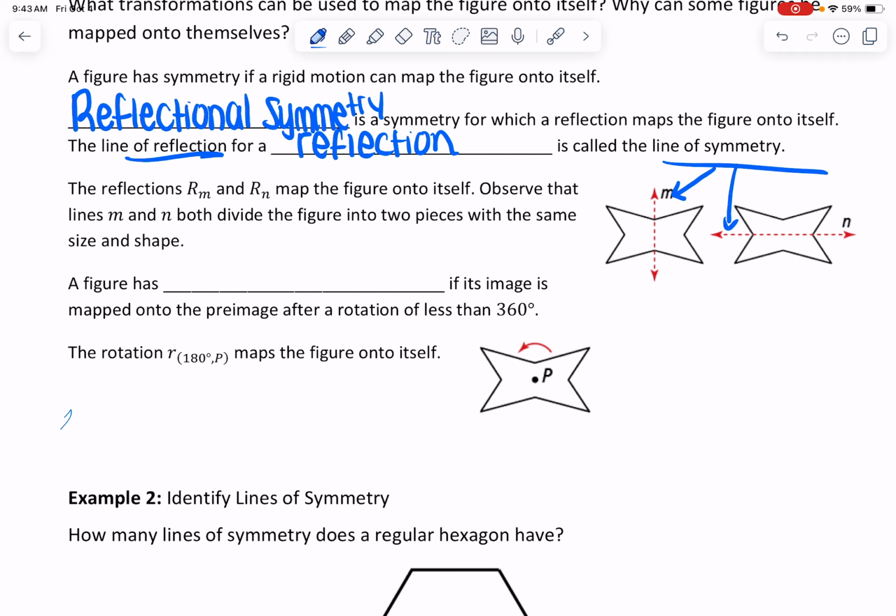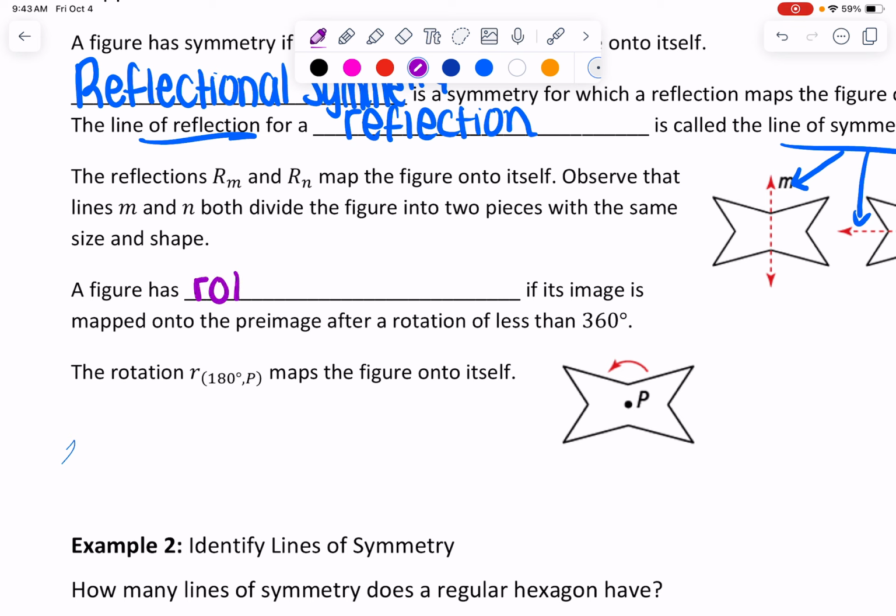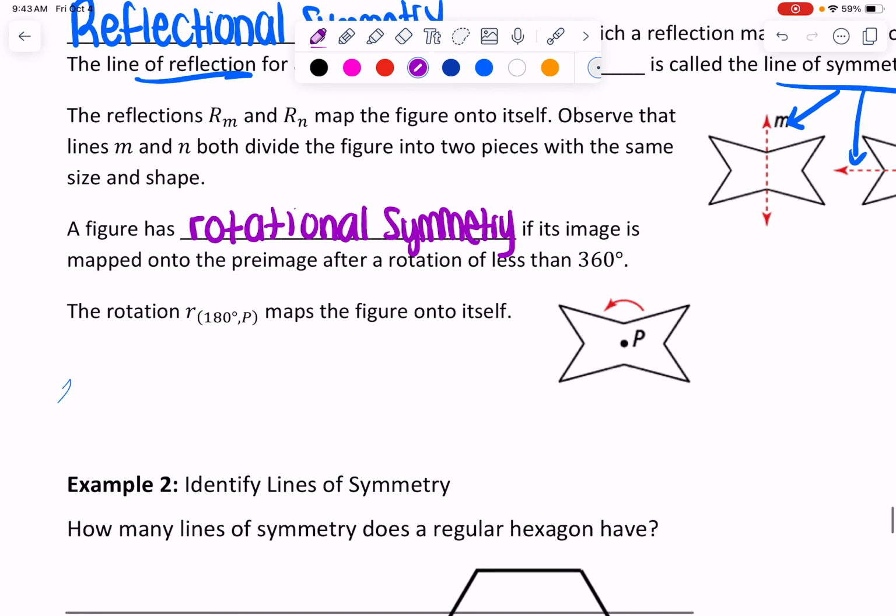And then there's also another type, so we can also talk about rotating an object, which is known as rotational symmetry. Now this one's a little harder to see, so let me explain it with a picture, but let me write that down. So rotational symmetry, okay? It's basically like if you are mapping it onto itself. So imagine rotating this around, okay? This point here is getting rotated around and you're seeing how many times it can map onto itself.